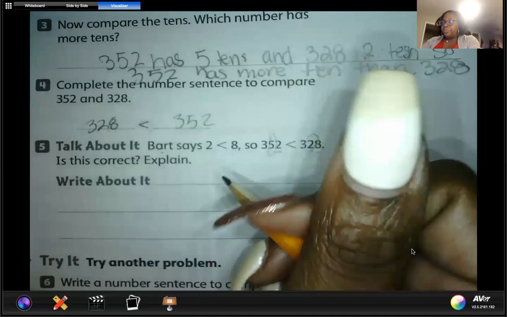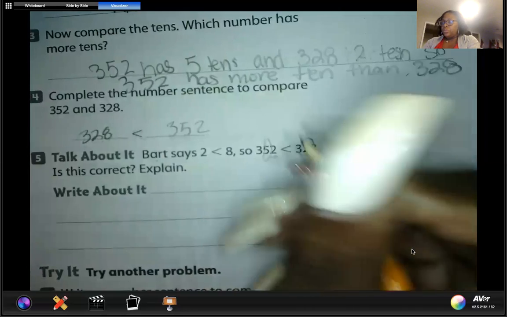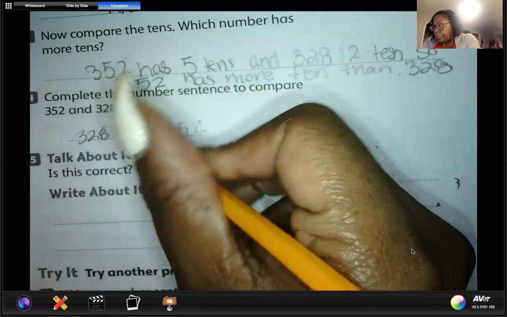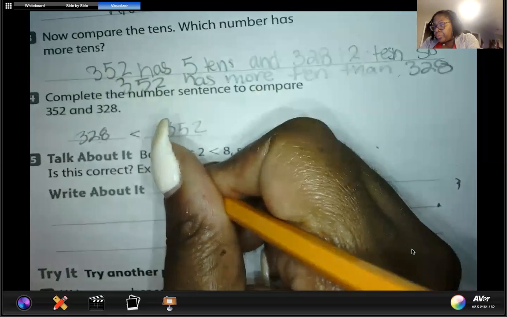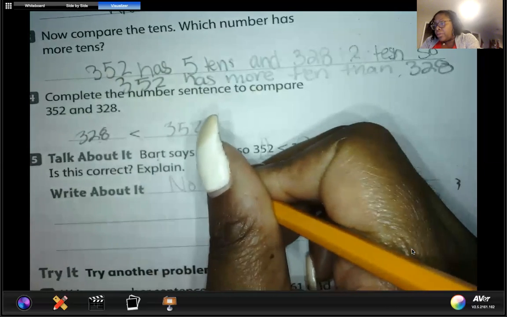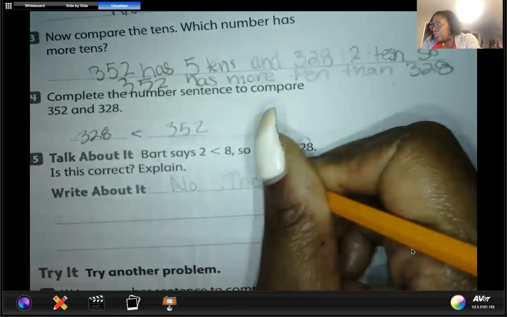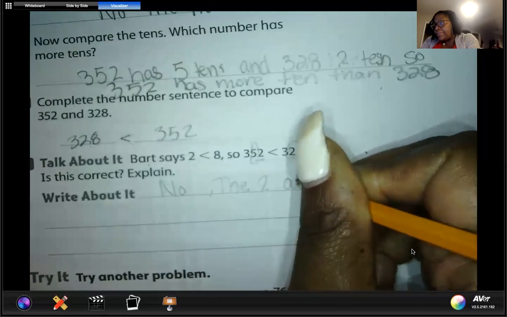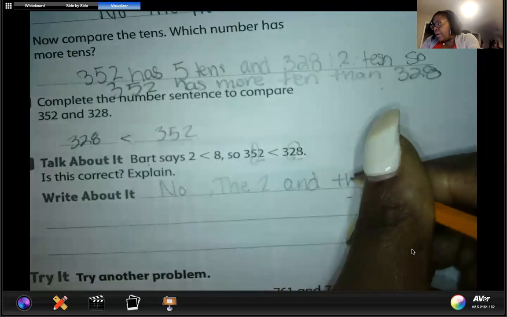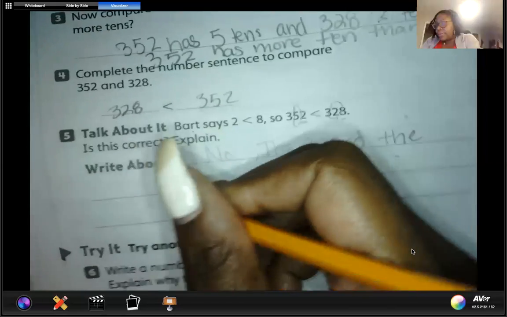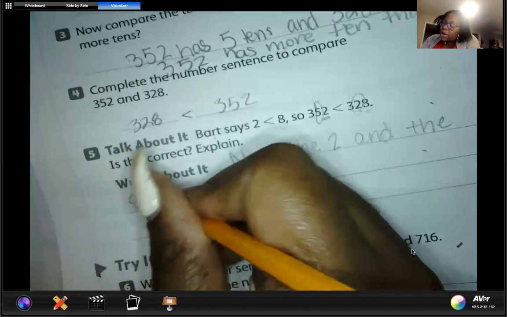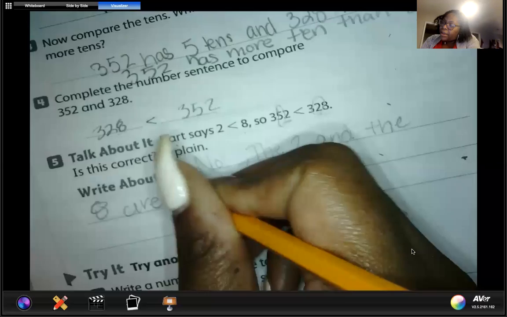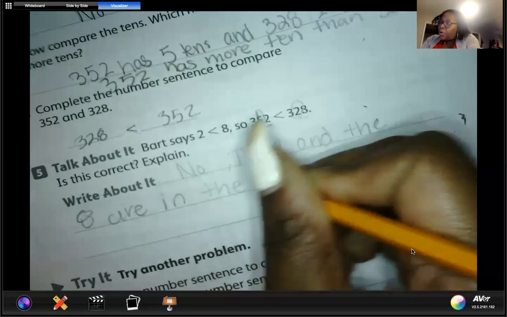And that's the next biggest place value that we have. So we're going to put no. The 2 and the 8 are in the ones place.